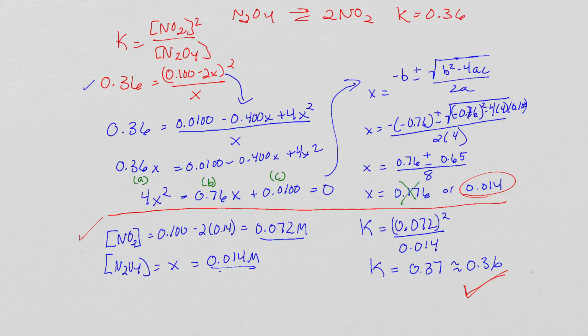Once you solve for x, you're going to plug that back into the values you got on the ICE table for your equilibrium concentrations, and solve for the actual numeric concentrations of your reactants and products. And then finally, you're going to do a check, plugging those concentrations back into our equilibrium expression to see if we get the right value of K. And that'll tell us whether we did our algebra correctly to come up with the right value of x.